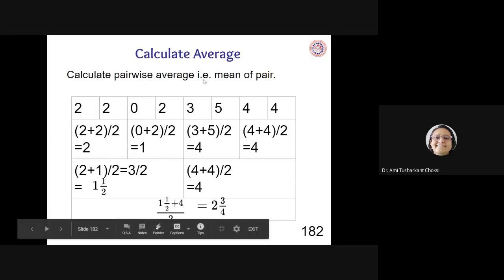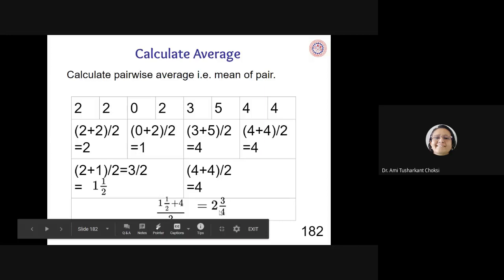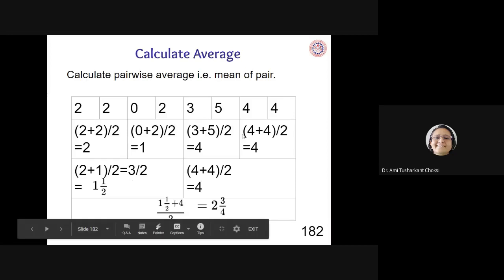Till what point? Recursively we have applied it till we get one single number. Here, what we get, for that also we take the pairwise average, and at last we take the average of these two numbers. Fine. Okay.